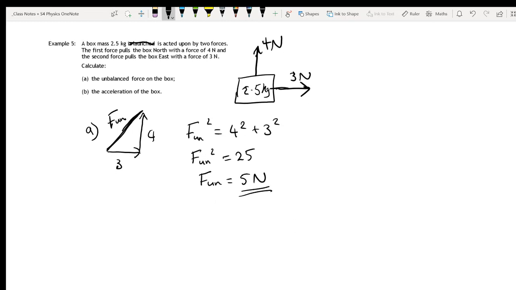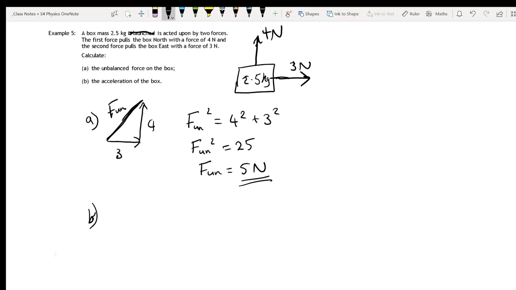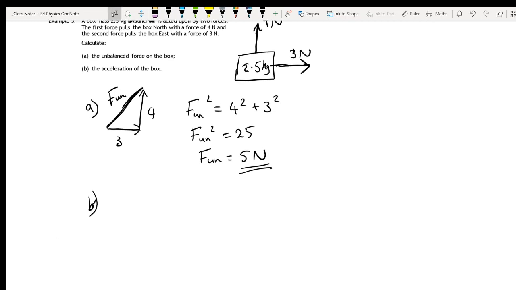Yeah, square root it at the end. And then B is just what you've been doing all the time, F equals ma. But remember, you have to put the unbalanced force in. So in this case, it's 5 equals 2.5 times by acceleration. So the acceleration is 2 meters per second squared.